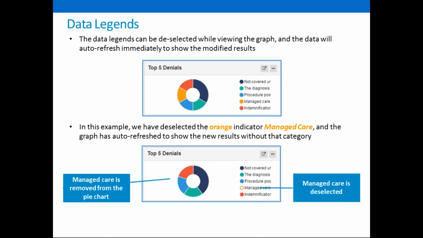And if you would like to refresh your data minus a value on that legend, you can do so by selecting the one that you want to get rid of. In our example here, if you notice the top example, where we're looking at the top 5 denials, we have all 5 choices displayed. But in the lower example, we have removed managed care.